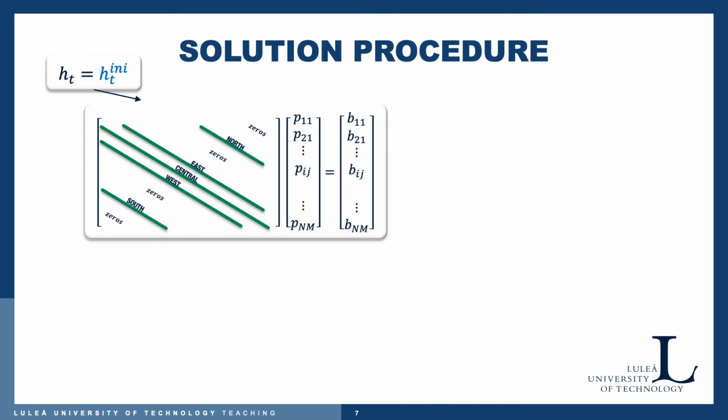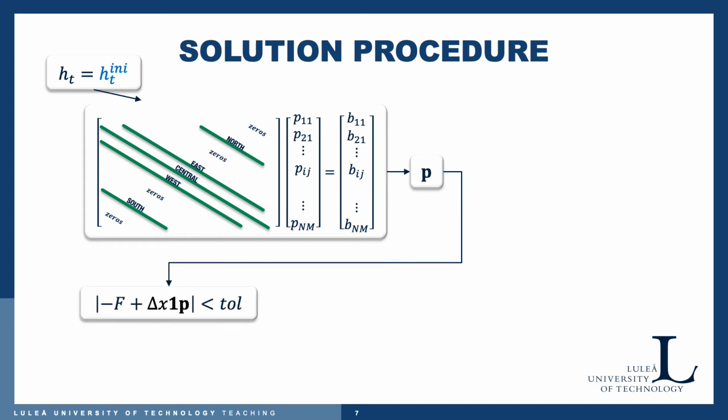And if we now view the solution procedure to find that h_t that makes the pressure satisfy the force balance, it would look like this numerically. We start with some initial guess and we solve the system, we get the pressure P, and then we check if the force balance is satisfied. That means that this absolute value is smaller than a tolerance.